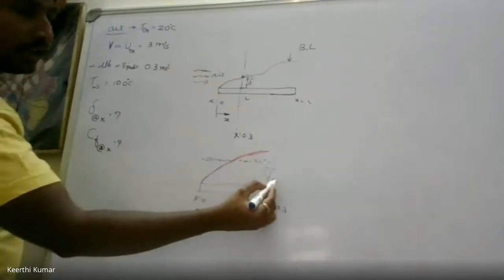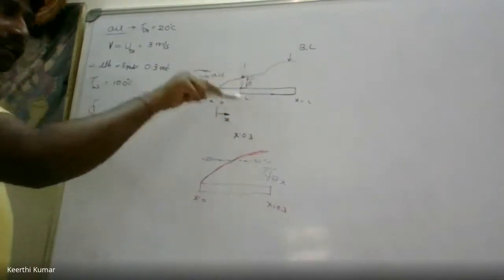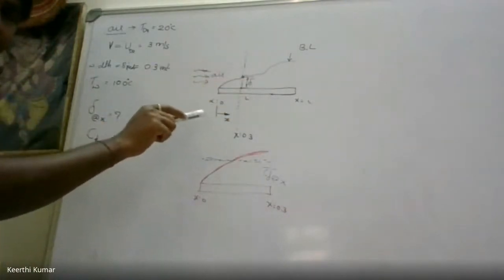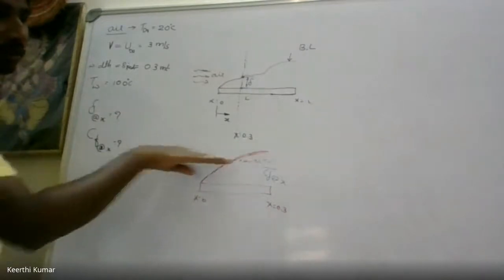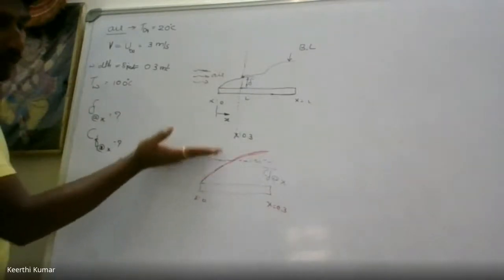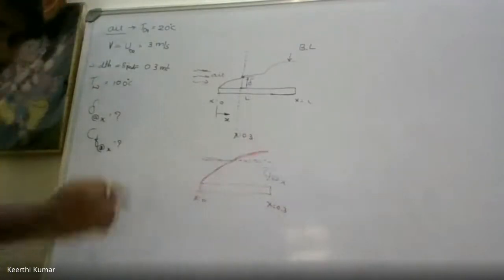This is the meaning at x. Understood? Delta at x is different. Average delta at x is different. We are converting this parabola into a horizontal line, where if I measure everywhere throughout this plate, the CFx value will be the same and it is average. So that he is asking.